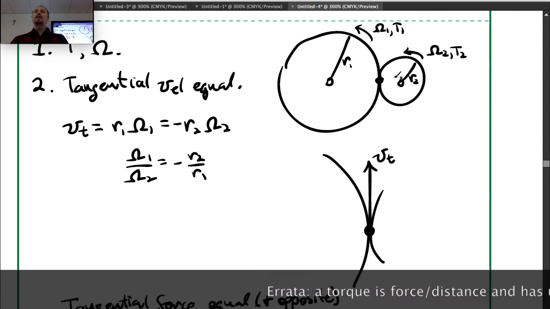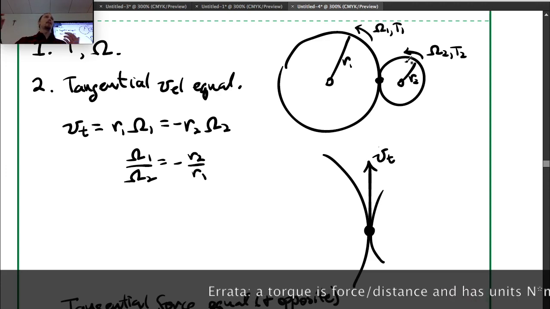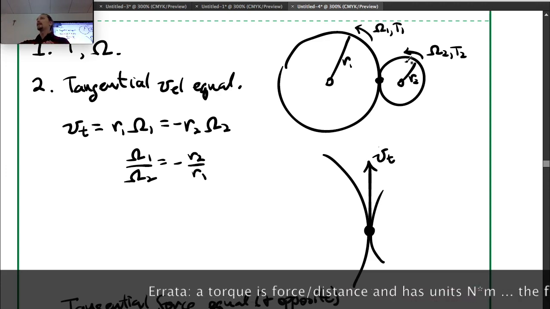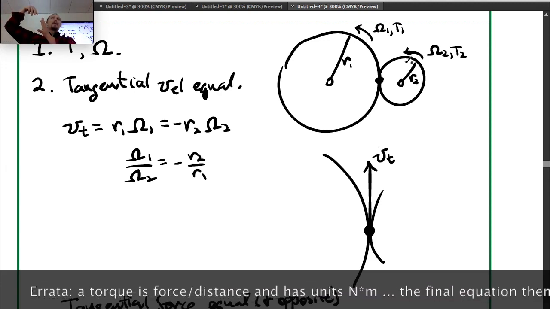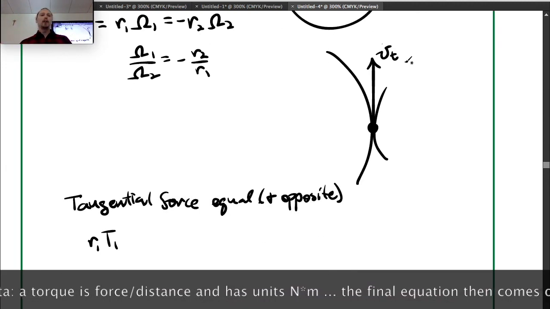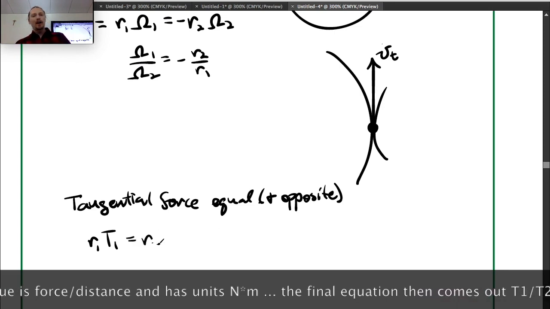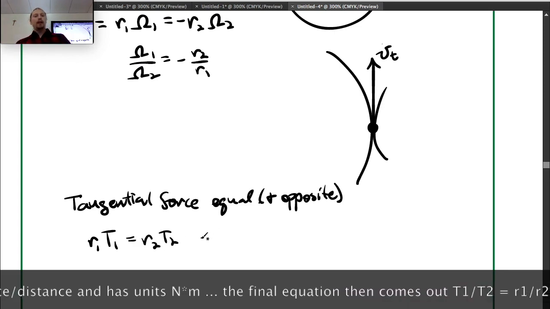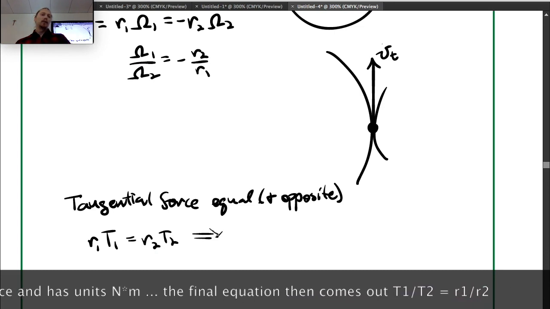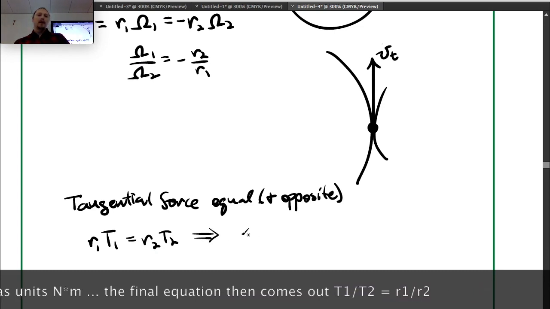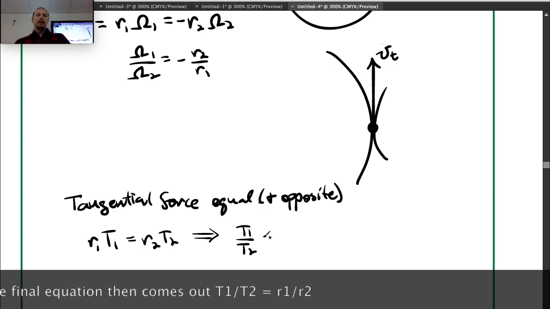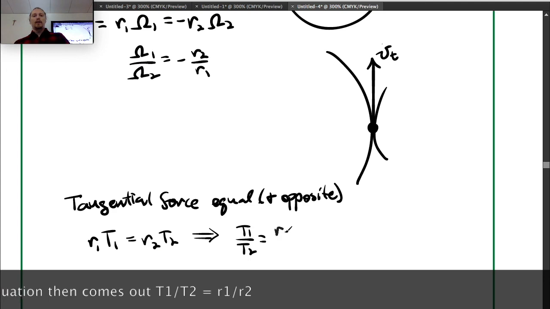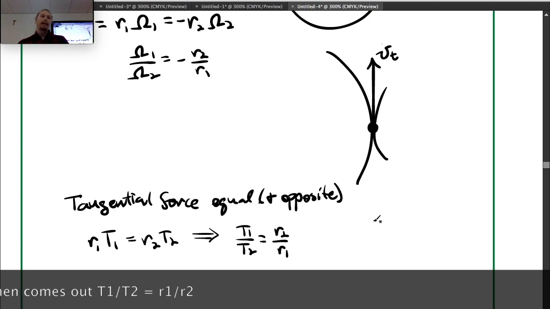And actually R2 T2, the force that comes from multiplying the radius by the torque, is already headed in the opposite direction because of the way we put our signs together. So therefore R1 T1 equals R2 T2, and you can solve for the relationship that T1 over T2 equals R2 over R1. Great. So we're almost done.